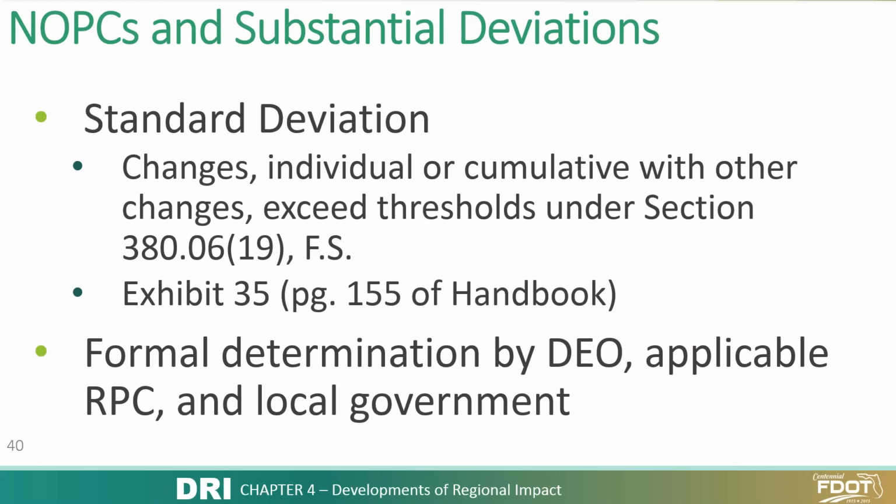A summary of these thresholds can be found within your handbook on page 155, Exhibit 35. If a change, individual or cumulative, exceeds the thresholds found within Section 380.06, that would trigger a substantial deviation for that NOPC.